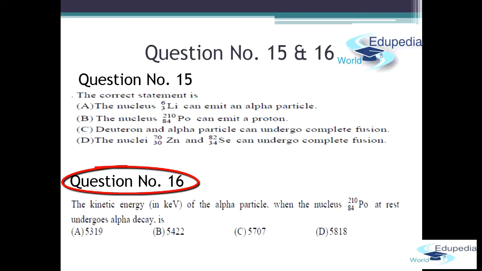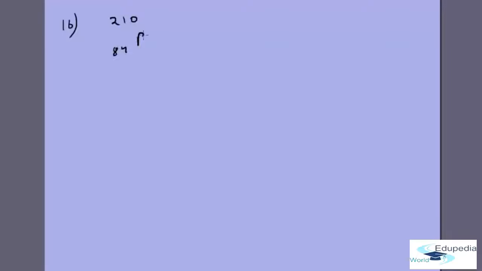Let's see question 16. The kinetic energy when polonium undergoes alpha decay. That's again straightforward. 210 84 Po goes to 4,2 He plus 206 82 Pb. This is MPo. Let's just call it MPo.